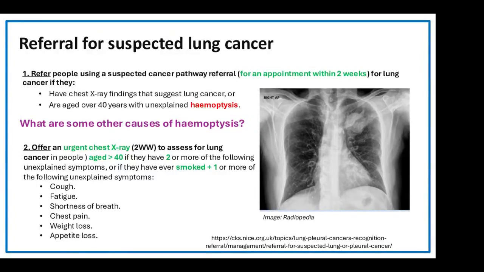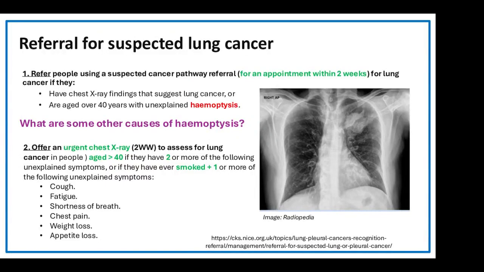Okay, so that was the first referral criteria. And the second one is you want to offer an urgent chest x-ray within 2 weeks to assess for lung cancer in people who are aged over 40 and they have 2 or more of the following unexplained symptoms. So things like cough, fatigue, shortness of breath, chest pain, weight loss, or appetite loss.